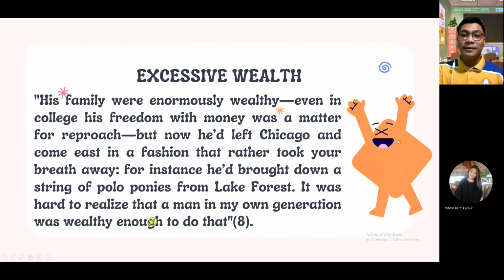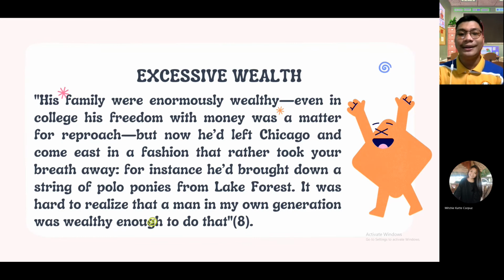"His family were enormously wealthy. Even in college, his freedom with money was a matter for reproach. But now he'd left Chicago and come east in a fashion that rather took your breath away. For instance, he'd brought down a string of polo ponies from Lake Forest.